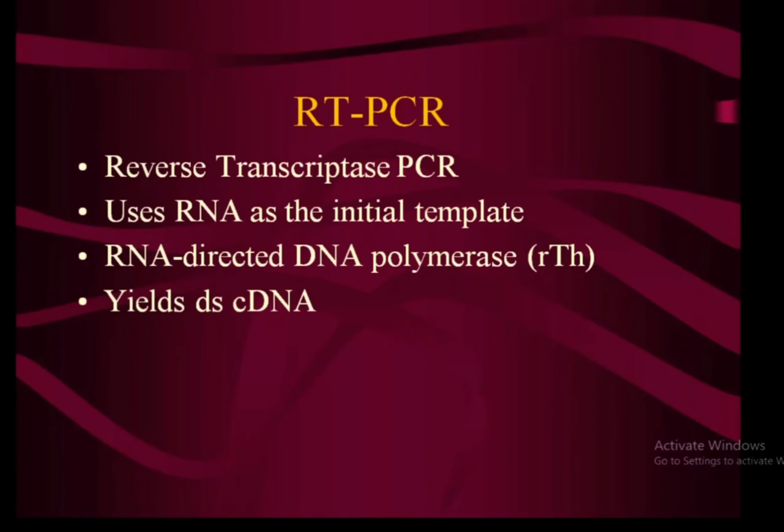For PCR, the initial thing that you need for replication is DNA. You cannot amplify RNA. So from RNA, you have to first form a copy of DNA, and only then can you amplify it. So it uses RNA as the initial template, and then there is an RNA-directed DNA polymerase which yields complementary DNA, and then that can be amplified.